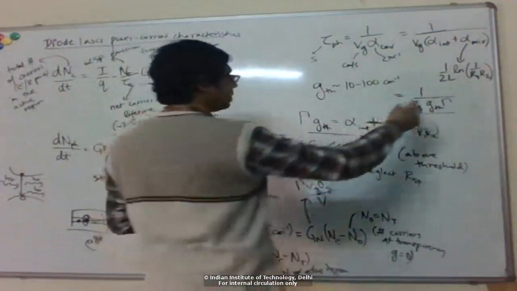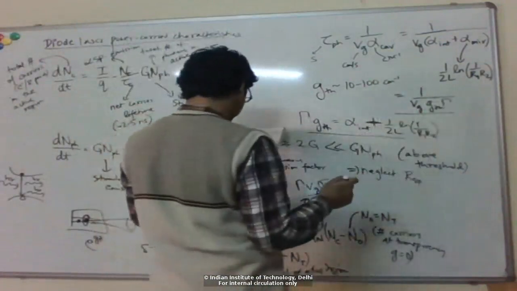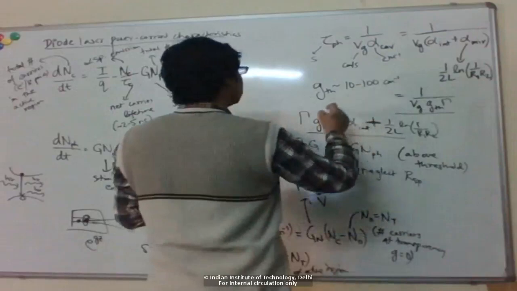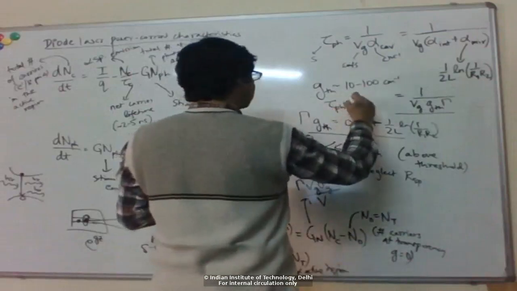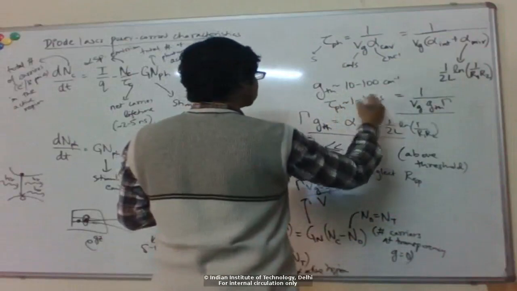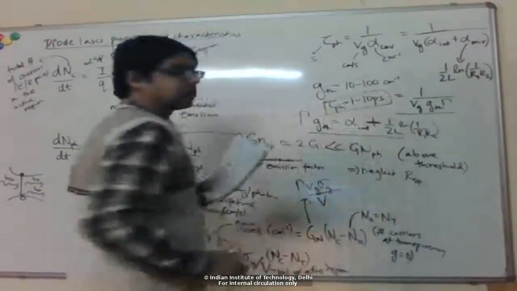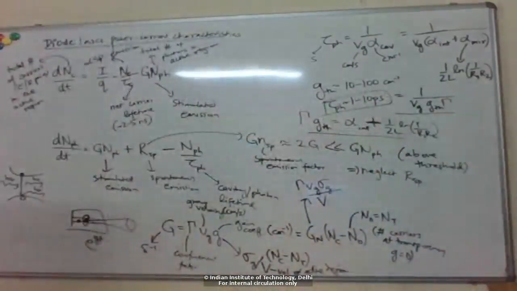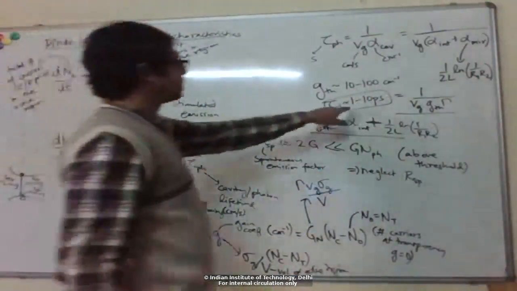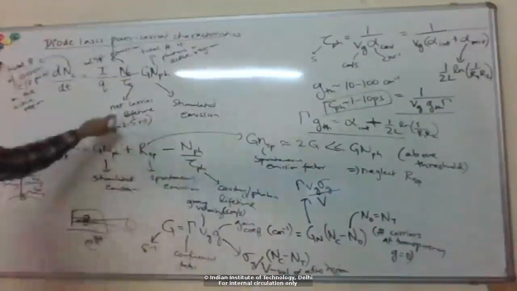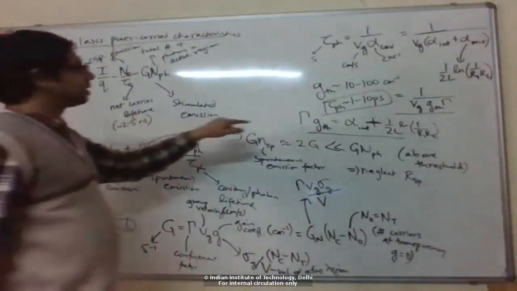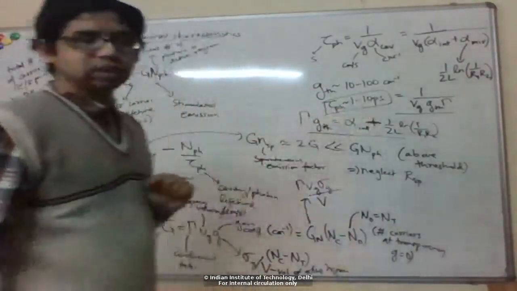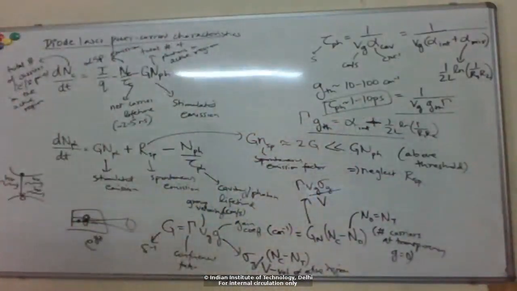So if you put in the numbers, and a confinement factor of about 40%, this tau photon typically is in the picosecond range, let's say 1 to 10 picoseconds. So you can see that this photon lifetime is much smaller than the carrier lifetime. The carrier lifetime is nanoseconds, but the photon lifetime is picoseconds. So it is 3 orders of magnitude lower.